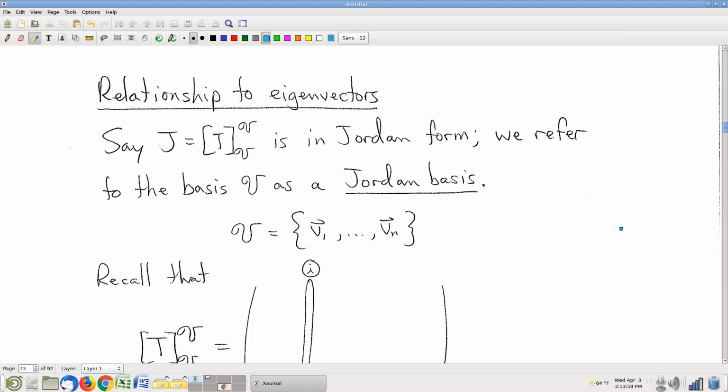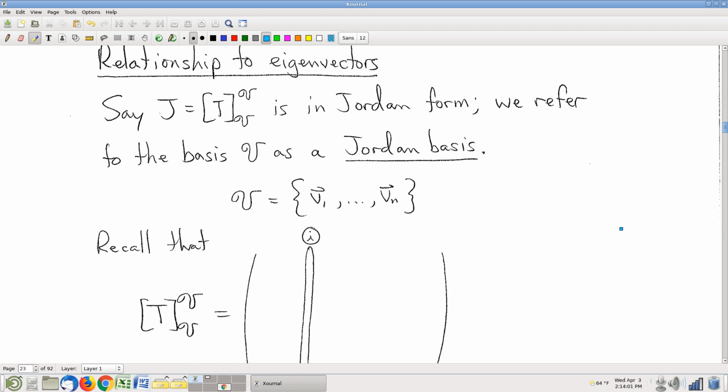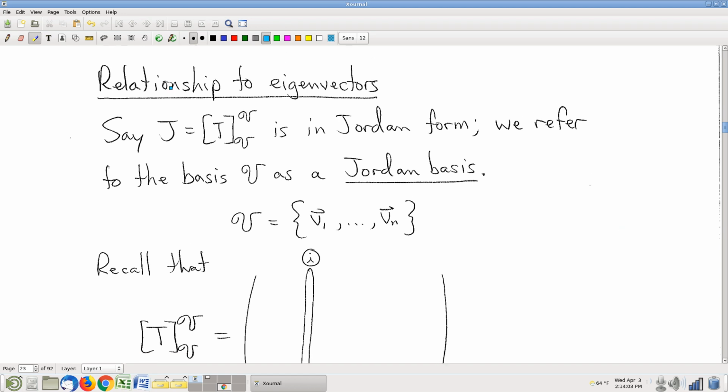Okay, so let's talk about eigenvectors. Claim: there's a relationship between Jordan form and eigenvectors. Let me point out very quickly why this is not surprising. Keep in mind where Jordan form comes from. Jordan form is our consolation prize as we were attempting to diagonalize. So we tried and failed to diagonalize, and at least we have this Jordan form thing.